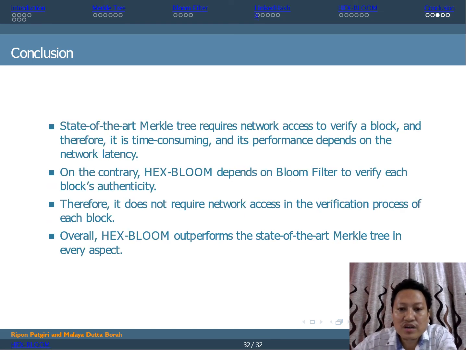The state-of-the-art Merkle tree requires network access to verify a block, and therefore it is time consuming and its performance depends on network latency. On the contrary, HEX-BLOOM depends on the Bloom filter to verify each block's authenticity. Therefore, it doesn't require network access in the verification process of each block. Overall, HEX-BLOOM outperforms the state-of-the-art Merkle tree in every aspect.